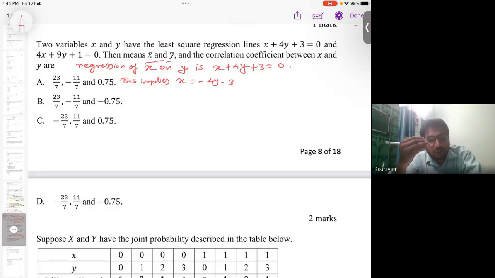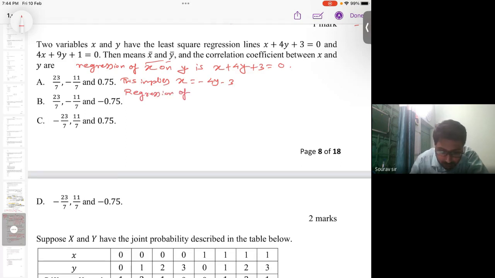So the regression of y on x is 4x plus 9y plus 1 is equal to 0. It implies y is equal to minus 4 by 9 x minus 1 by 9.